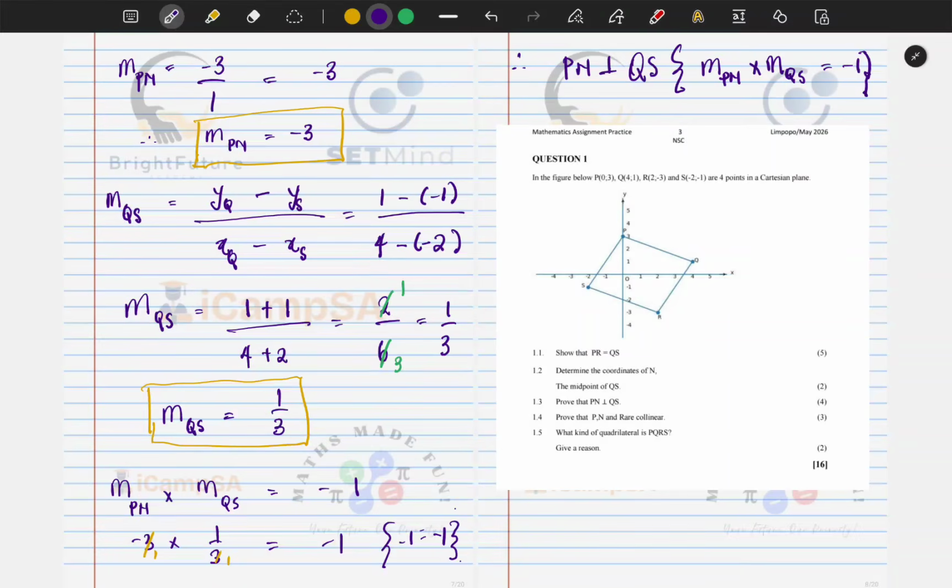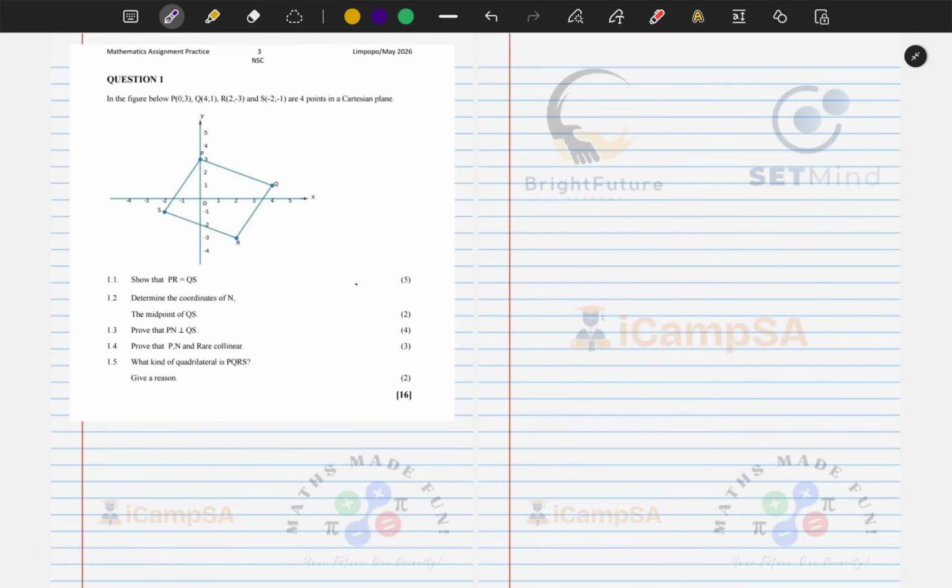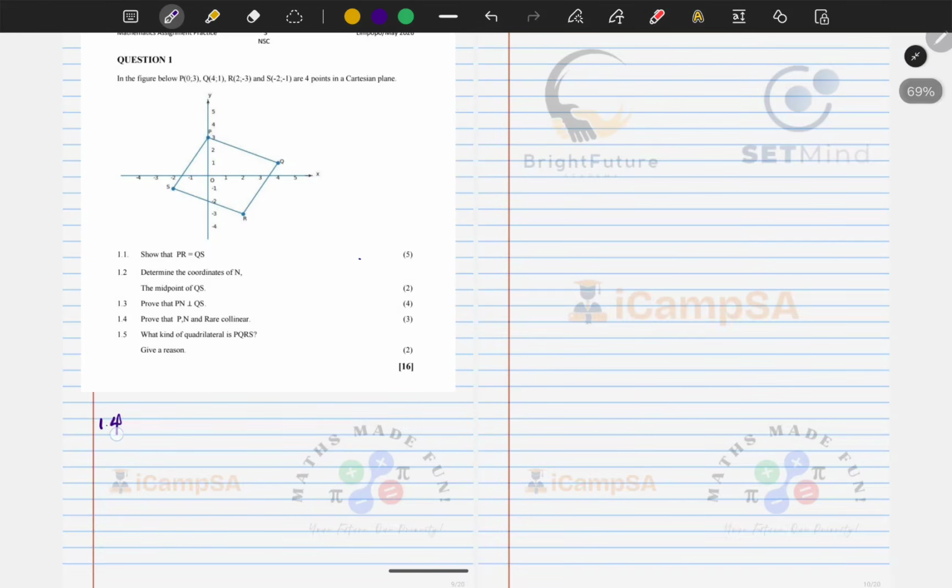Now let's look at question 1.4, right? If we look at 1.4, we are being asked to prove that P, N, and R are collinear, right? So the first thing that we need to understand is collinear.